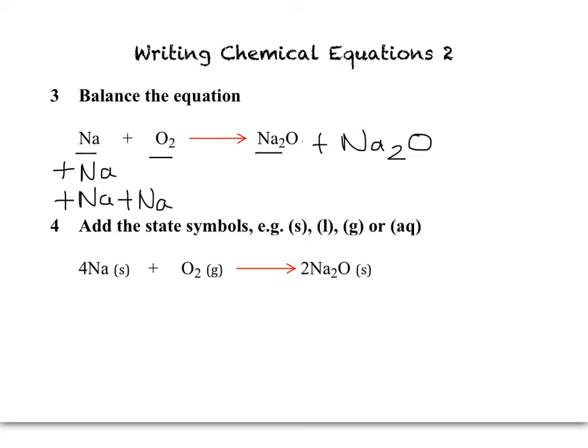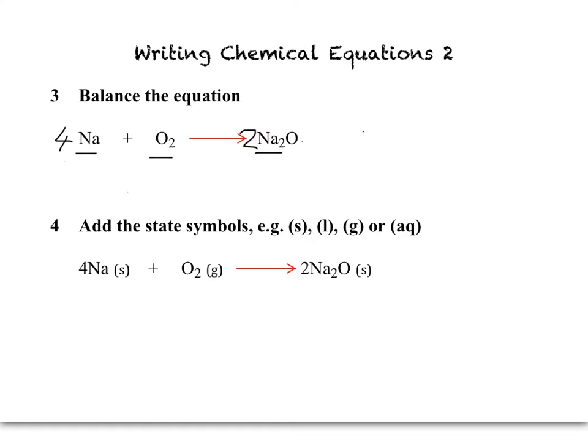Since we have 4 Na atoms on the left-hand side, we put a 4 in front of Na. Since we have 2 Na2O substances, we need to put a 2 in front of the Na2O. We can now just remove the remainder, like so. And we now have our balanced equation.